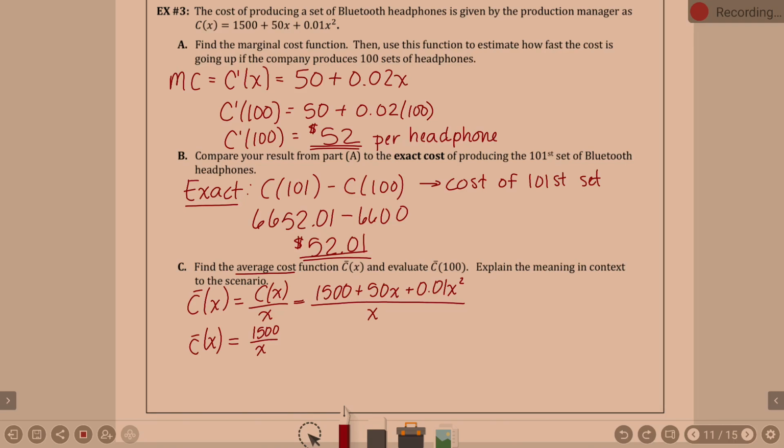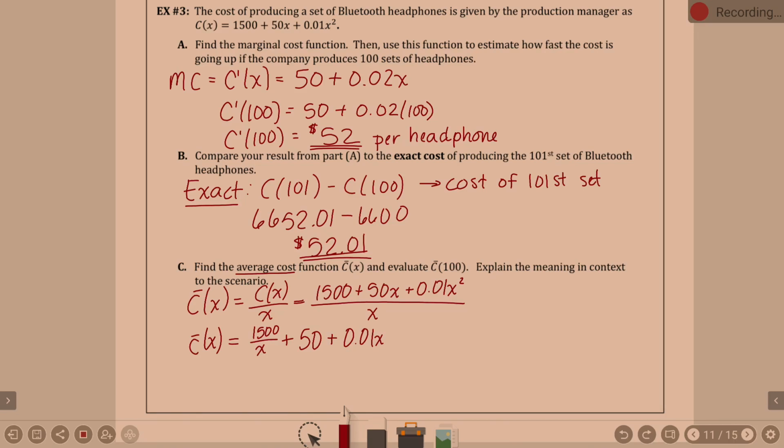If you wanted to, you could say 1500 x to the negative first. But the others clean up. 50x divided by x is 50. 0.01x squared divided by x is 0.01x. Okay, so officially that is your C-bar function, or your average cost.